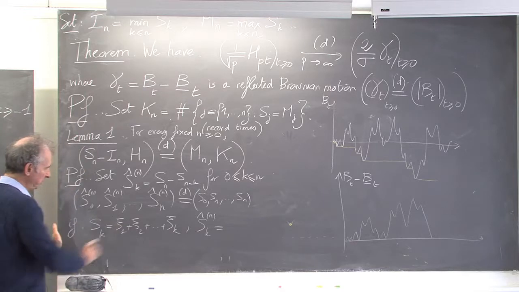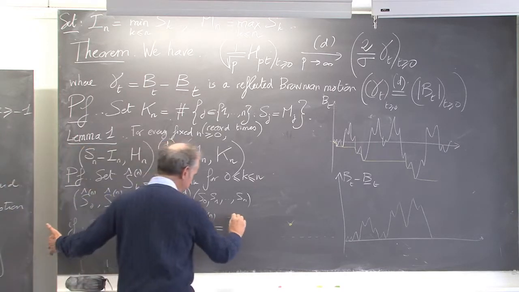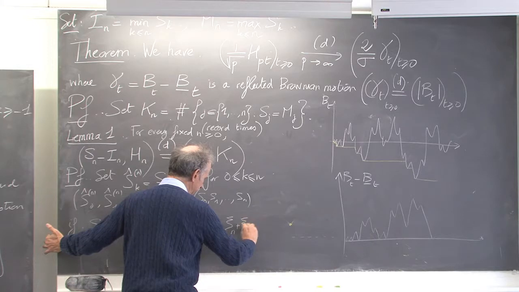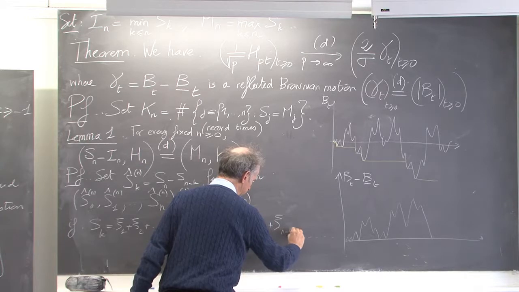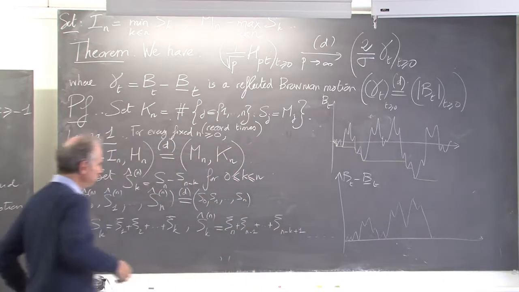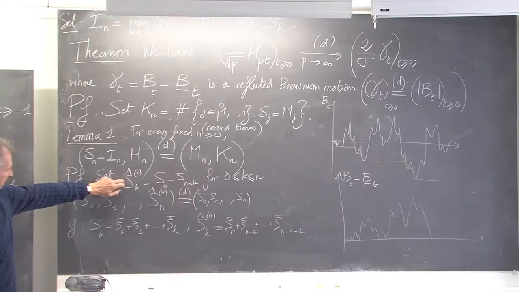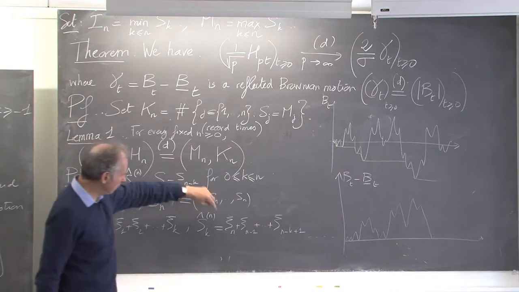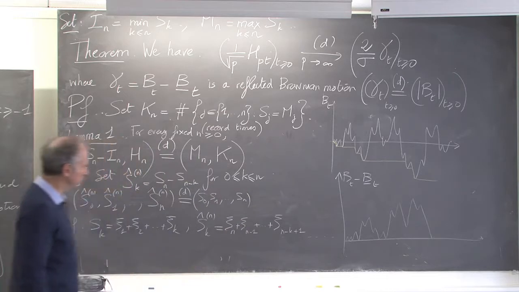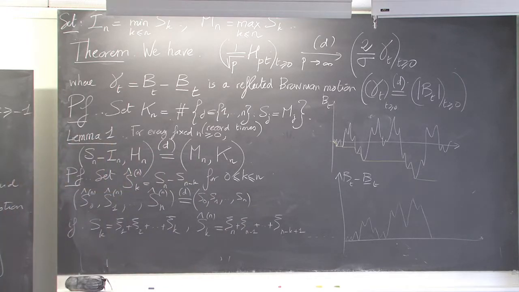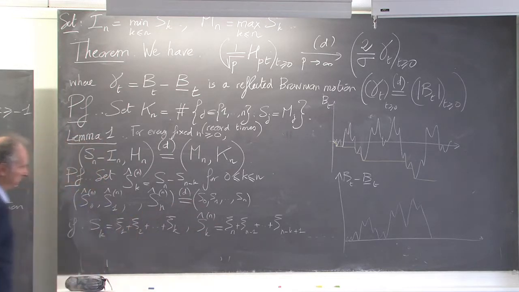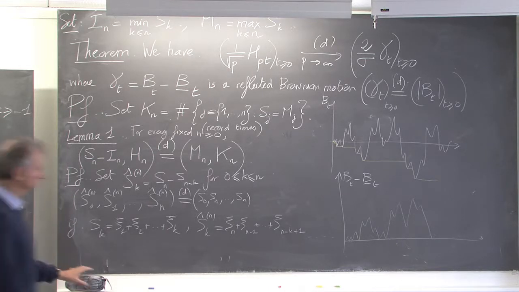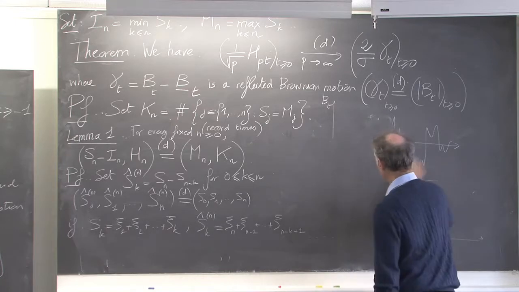If you have this representation, what you get for S hat n,k is simply psi_n plus psi_{n-1} plus and so on up to psi_{n-k+1}. So for this S hat n, you do exactly the same: you add independent variables distributed according to nu, but you don't take the same sequence of psi random variables, you reverse the sequence. It should be clear that the two sequences have the same distribution. Maybe it's better to do the picture.